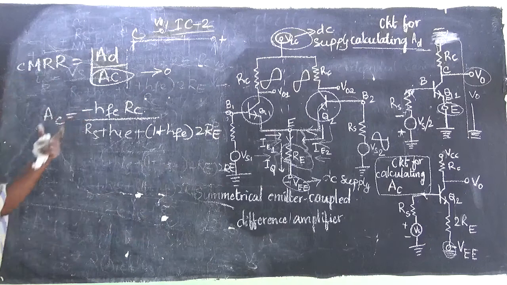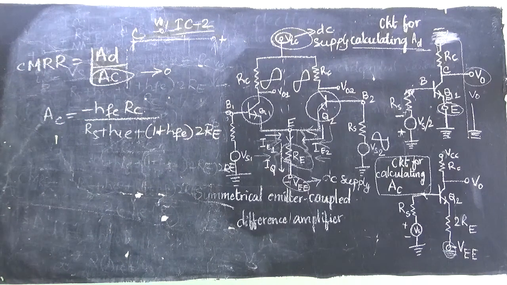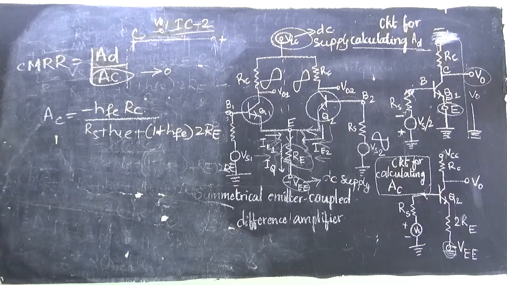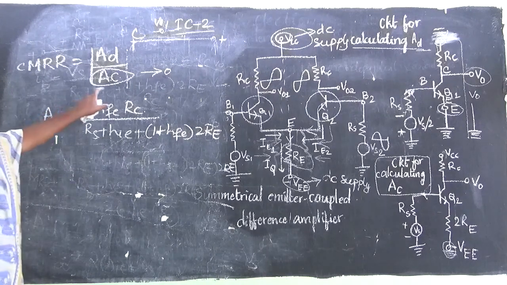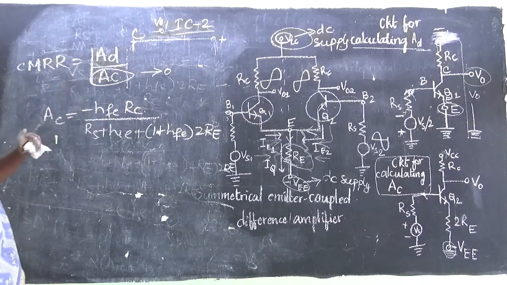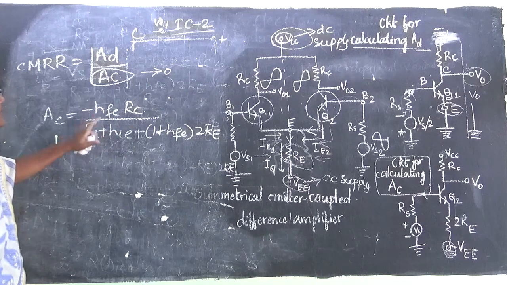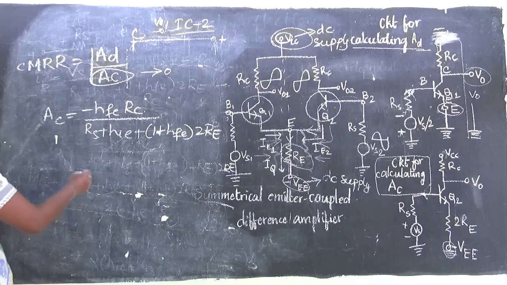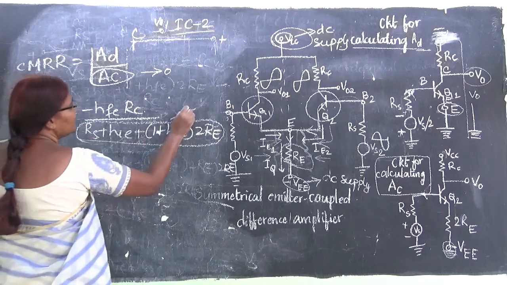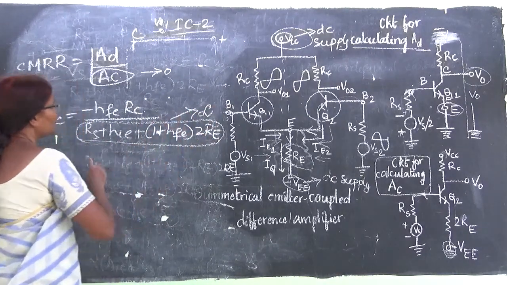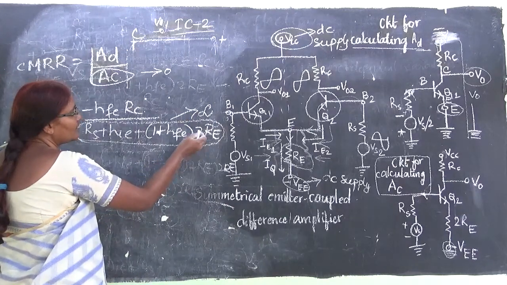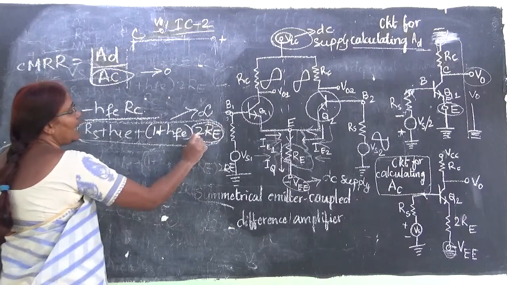When this value is very low, when this AC tends to 0, then my CMRR will be maximum. That happens when this denominator is very high, tending to infinity. To make this infinity, what we can alter is the RE value.